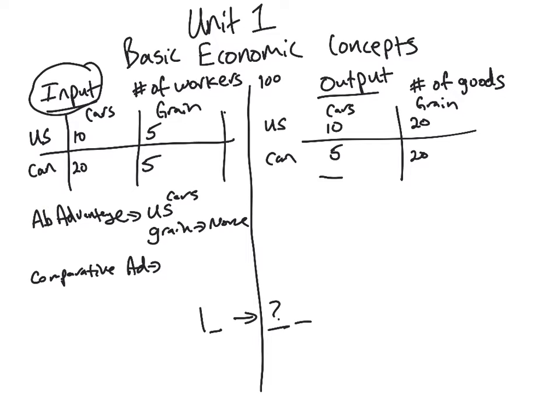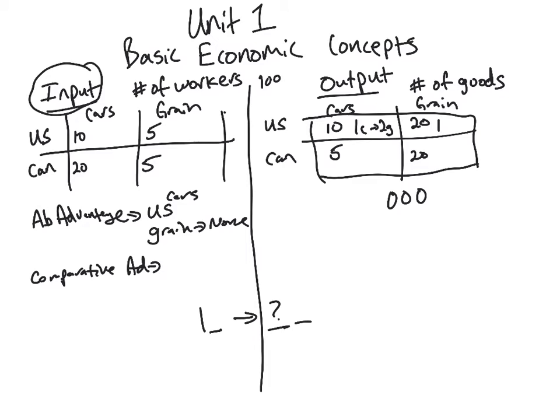So we're going to go with the process that we already know, which is an output sort of process. So in outputs, remember, output, other number goes over. And so in order to calculate this, 1 car is the equivalent of 2 grain, right? So for every 1 car I made, I could have made 2 units of grain, because I ended up getting 20 instead of 10, so I could have made 2 units.